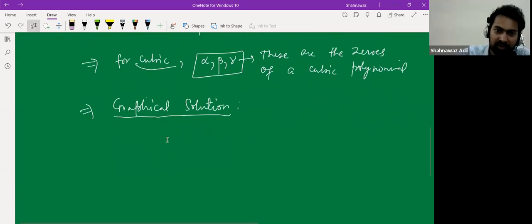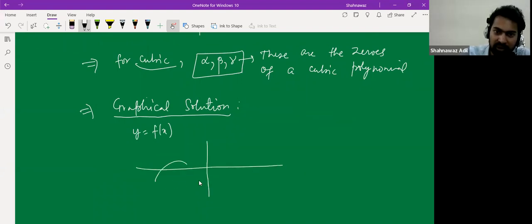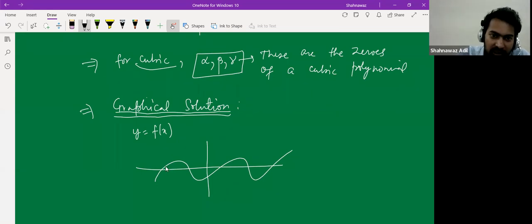If you have a graph, let's say y as a function of x, then the points where the graph cuts the x-axis are the zeros.